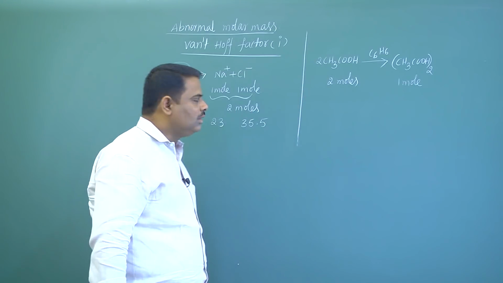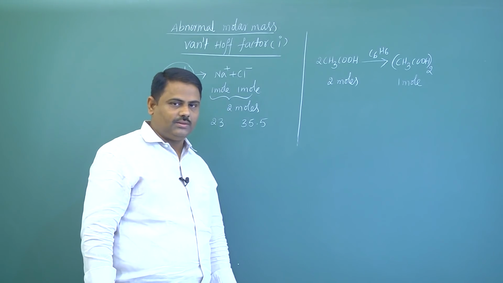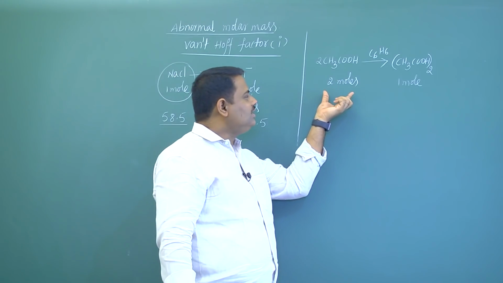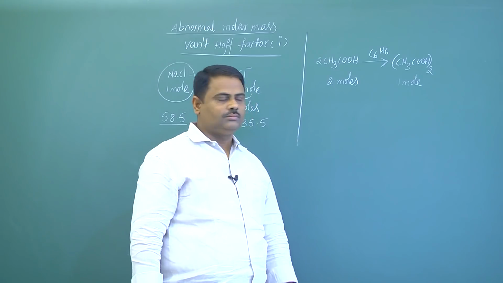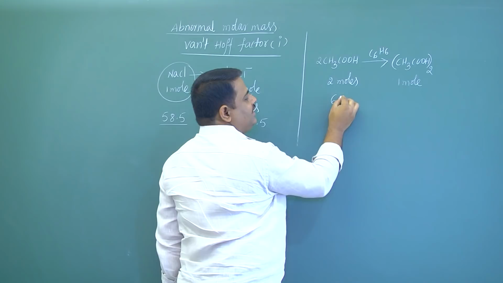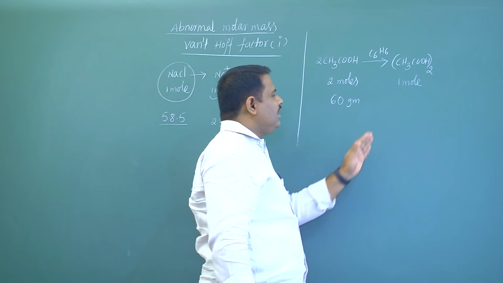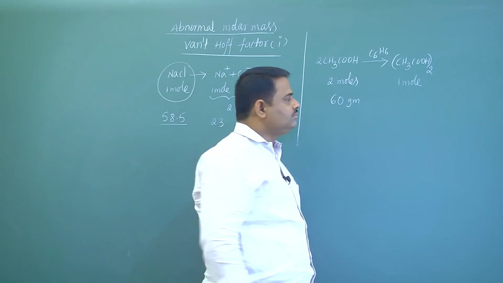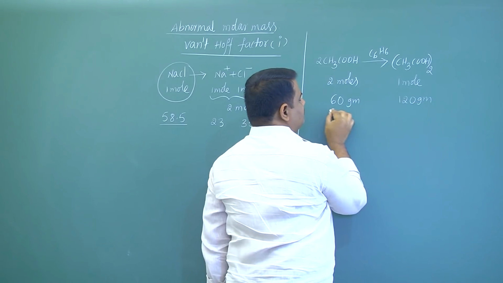That means during dissociation number of particles increases, and during association number of particles decreases. Now here molar mass of acetic acid is 60, whereas after association molar mass is 120.